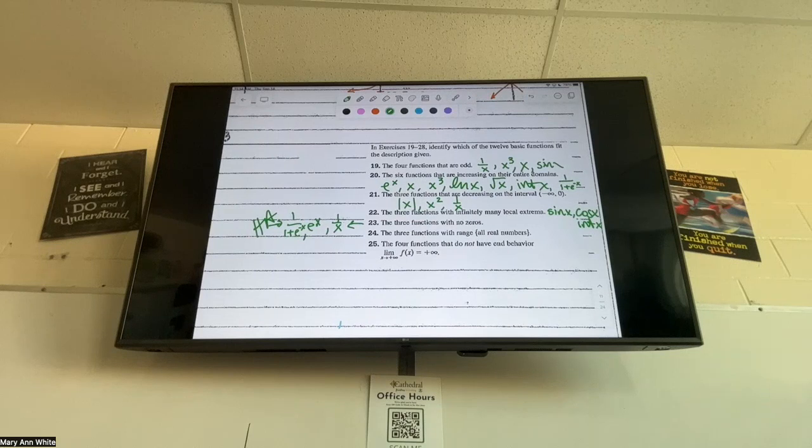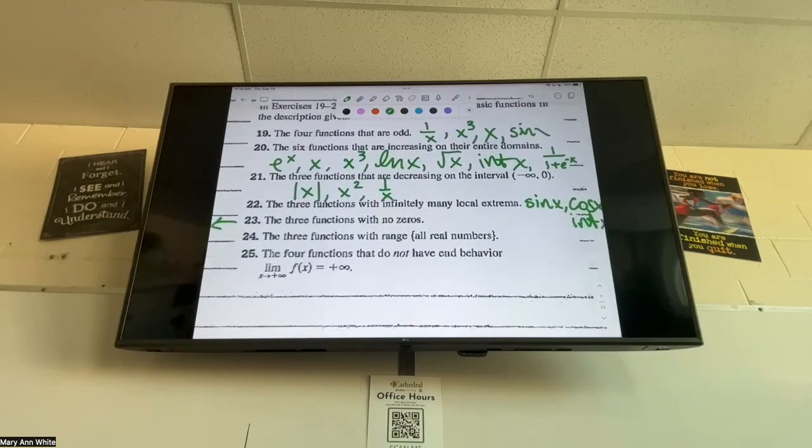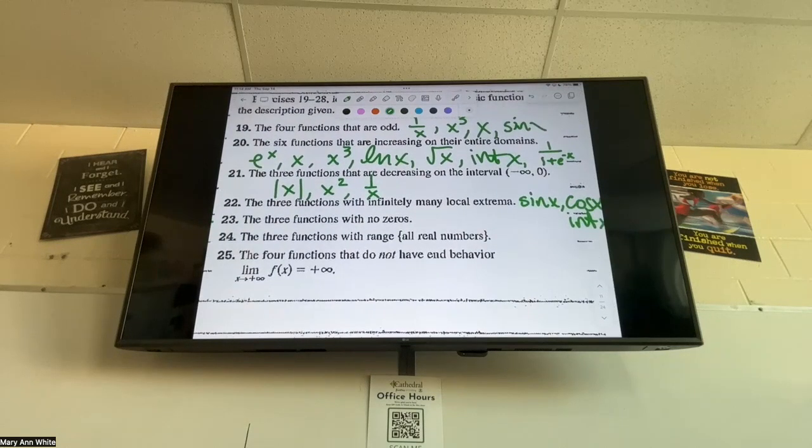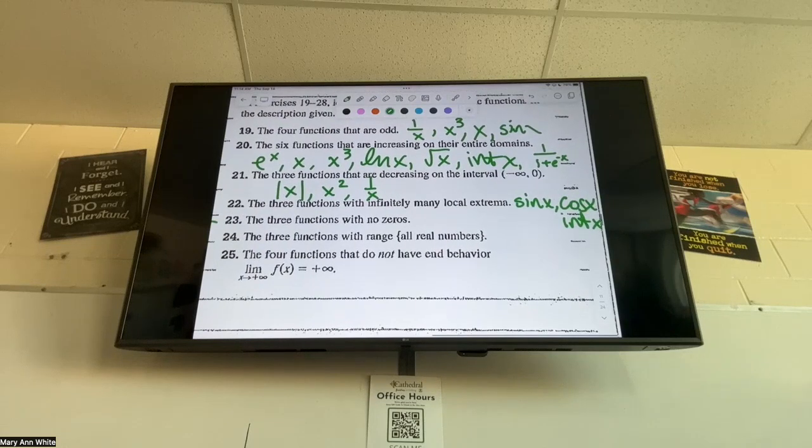All right, there are three functions with the range all real numbers. Which three functions have, what did you say? Linear, yep. Identity. Cubic. Linear and identity are the same. What else has a range of all real numbers?